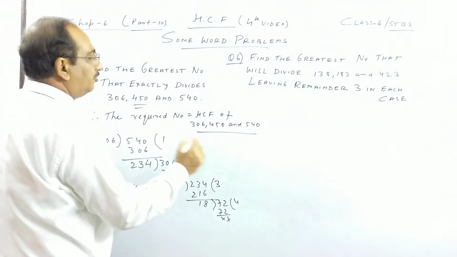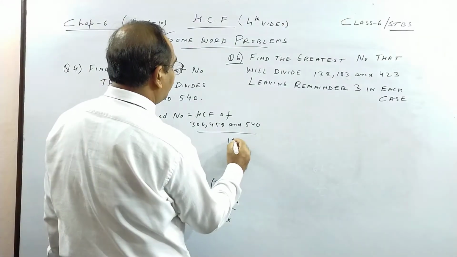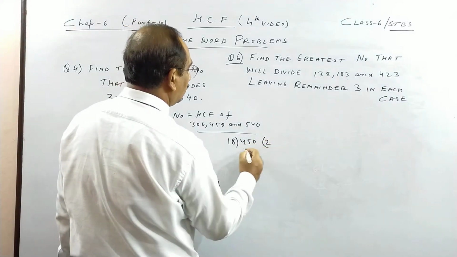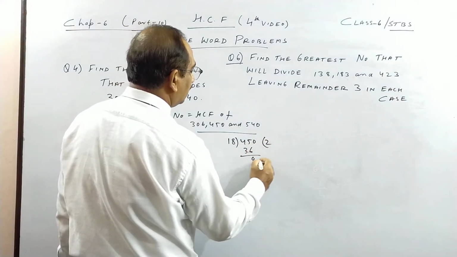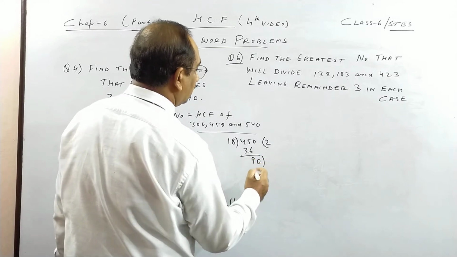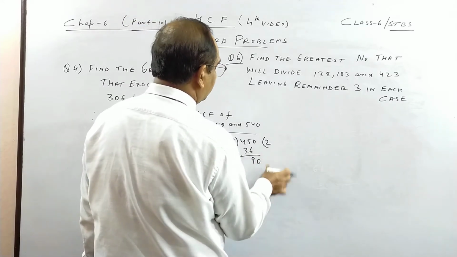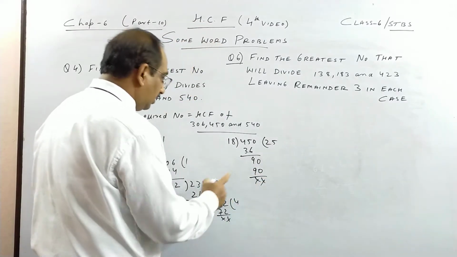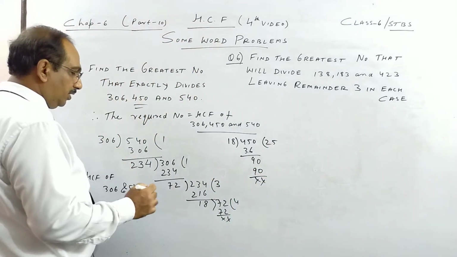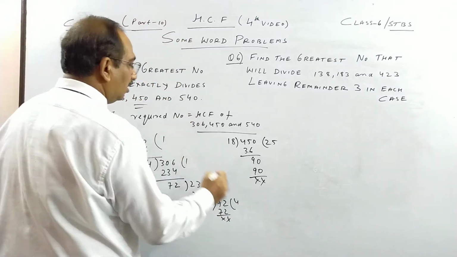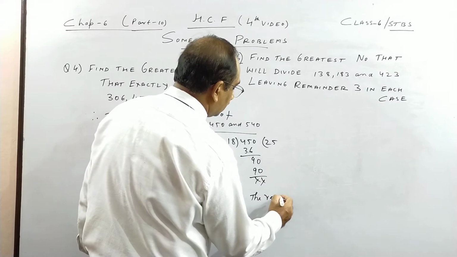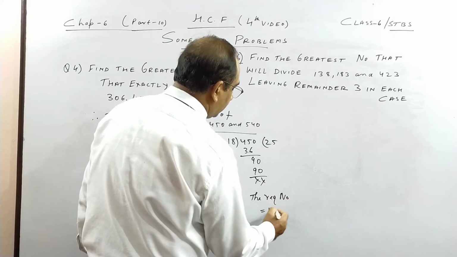So for the last number, 450, I'll try with 18. 2s are 36, then 5s are 90. So you see 18 completely divides 450. So the required number is 18.